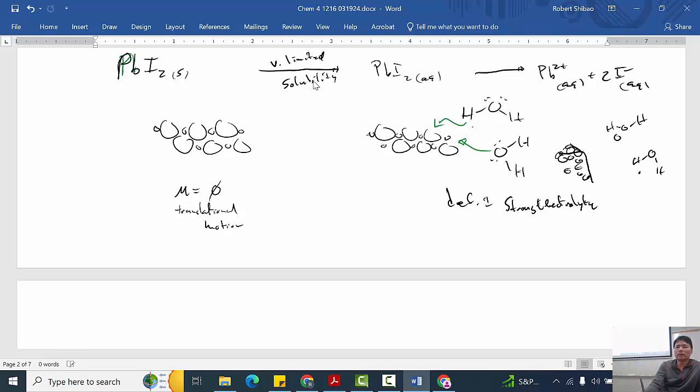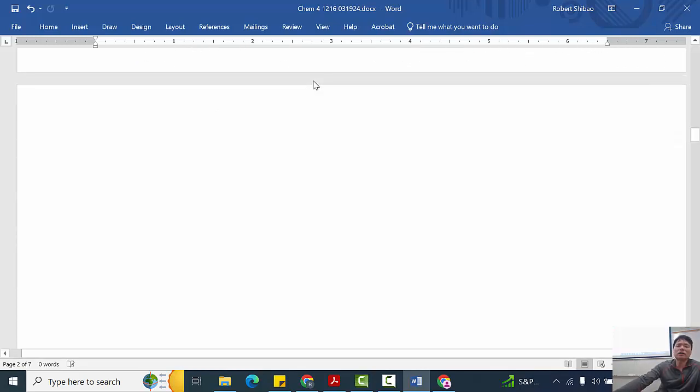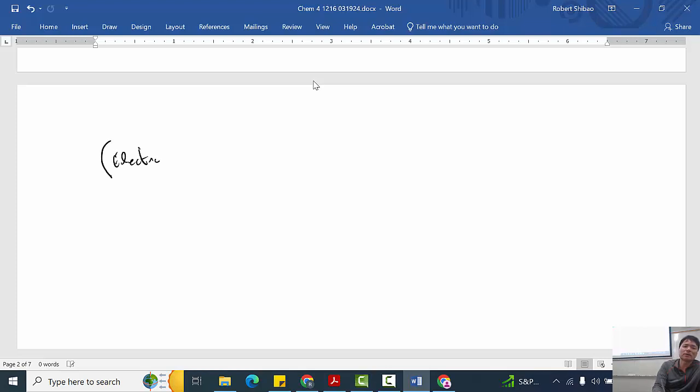No, I think it's strong electrolyte. Definition 1, strong. So we call it strong electrolyte. Definition 2, it would be a poor conductor of electricity, so it'd be a weak electrolyte. If you're an electrochemist, we'd call it a weak electrolyte because it didn't conduct electricity very well.